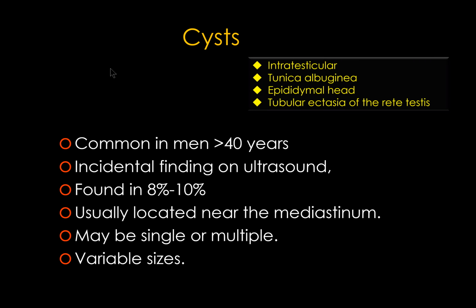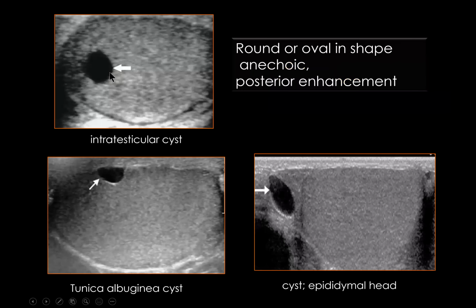This is a cyst. On ultrasound, it appears like any other cyst. It should be oval or round in shape, and the content is anechoic fluid with posterior enhancement. And this is a cyst located within the dense tissue, closely adherent to the tunica albuginea.